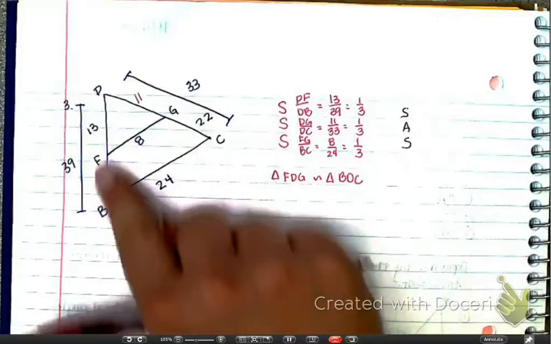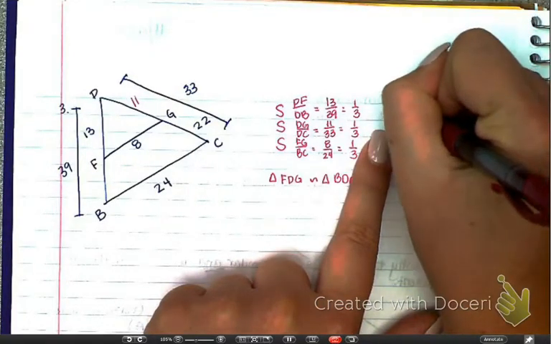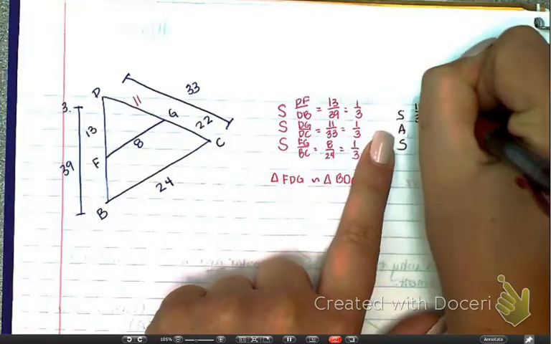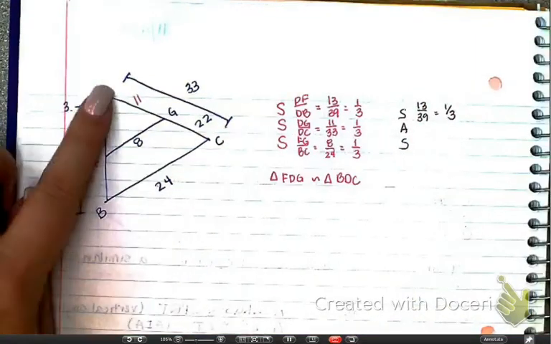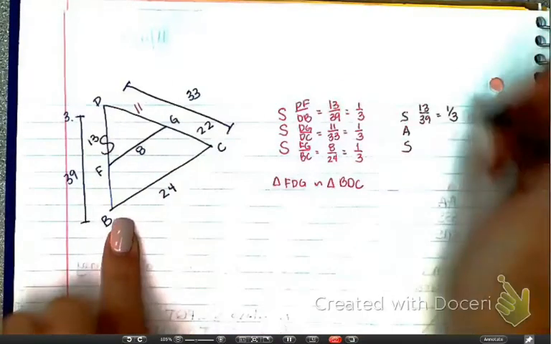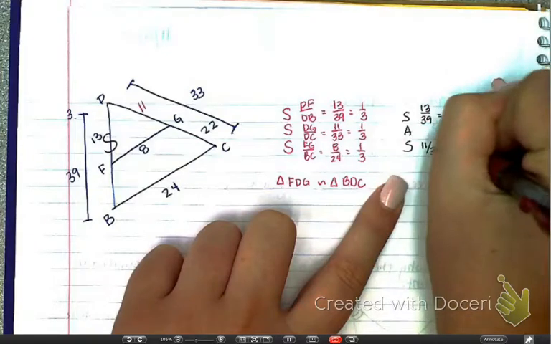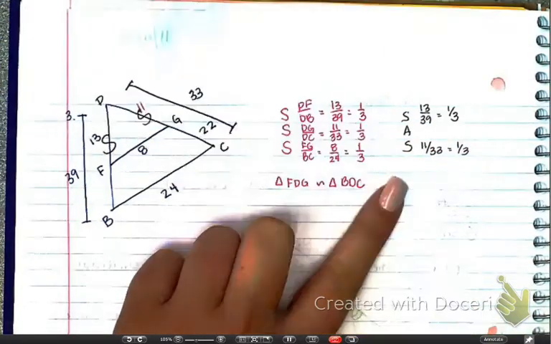Well, here's my first side, so I've already done that, right? I know it's 13 over 39, which reduces to 1/3, and I'm going to put an S there. Here would be my second side, 11 over 33, which reduces to 1/3. And what would be my angle?